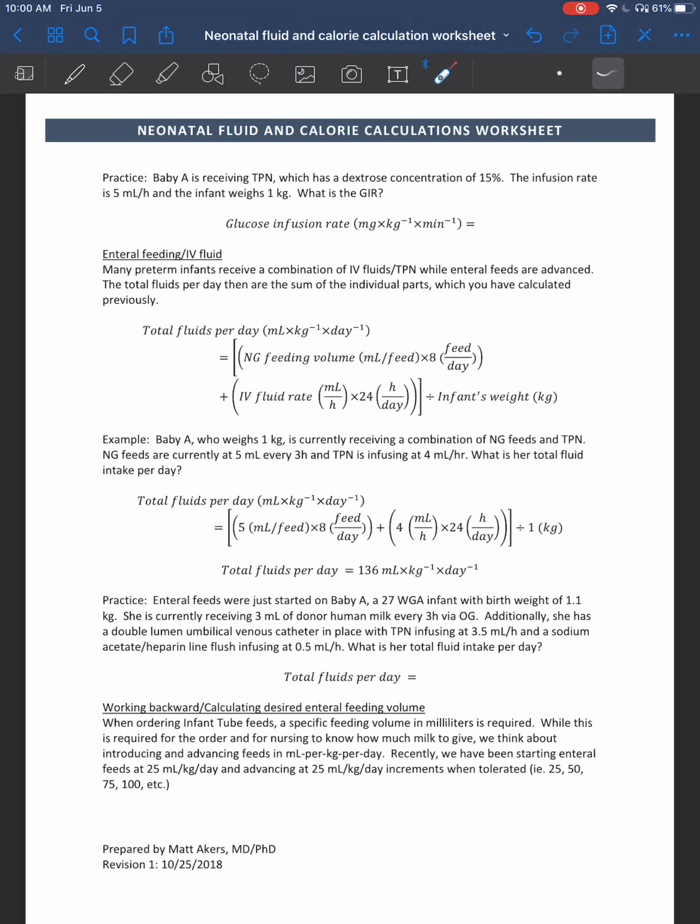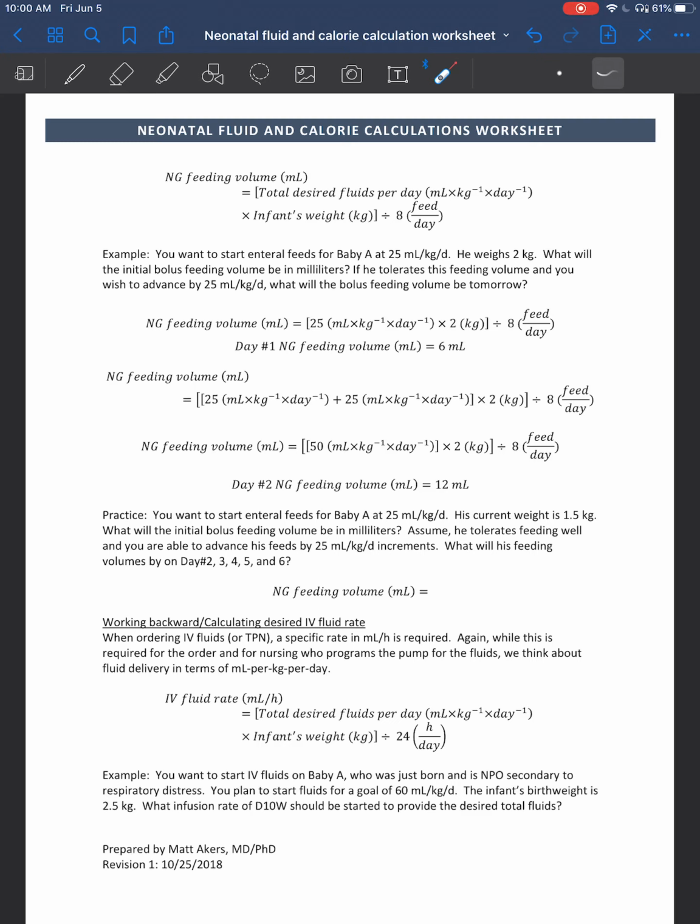Recently in the NICU, we've been starting enteral feeds around 25 milliliters per kilogram per day and advancing those enteral feeds in 25 milliliters per kilogram per day increments when the baby is tolerating that. So day 1 will be at 25 mils per kilo per day, day 2 at 50, day 3 at 75, on to 100, etc.